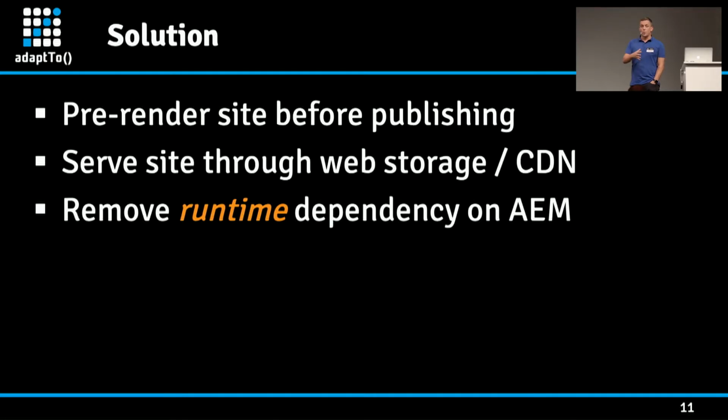Another problem that we found is that because the site is up and running and we're relying upon the publish instances, when it comes time to do things like upgrades or patching on those servers, particularly upgrades, you need to coordinate a bunch of teams to say, right, we're moving from 6.x to 6.y.